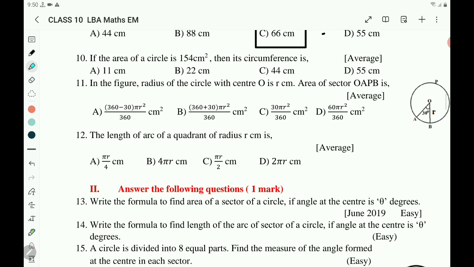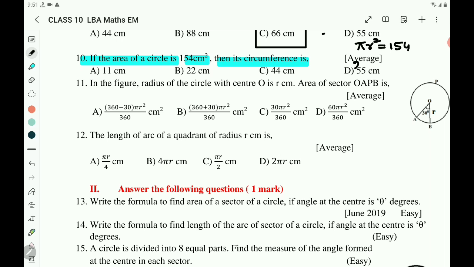Then the next question. If the area of a circle is 154 cm square, then its circumference is. Here the area of the circle is given. And what is the formula for the area of the circle? Pi r square equals 154.